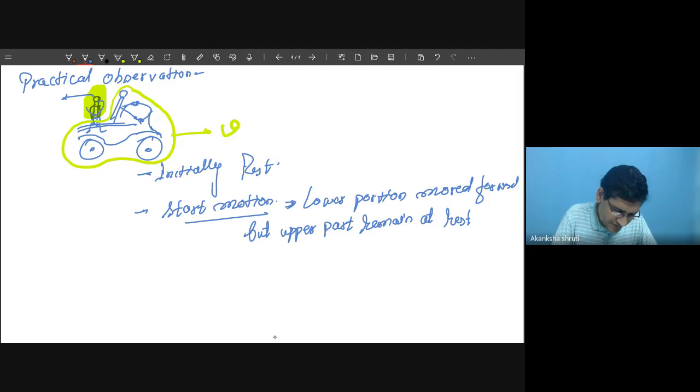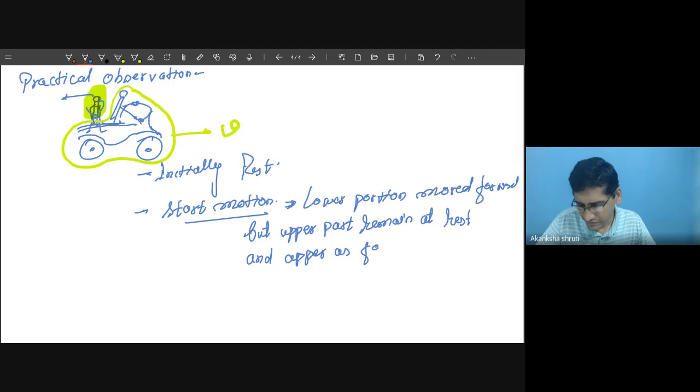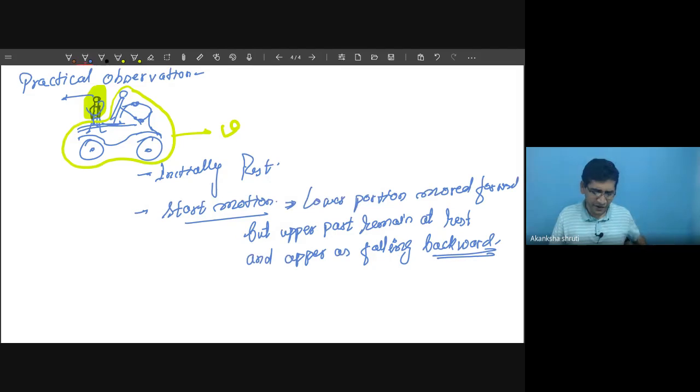Lastly, all of this will start moving and appears as falling backward. So the practical observation or application is that the passenger falls backward when the car or vehicle is started. So note that point.